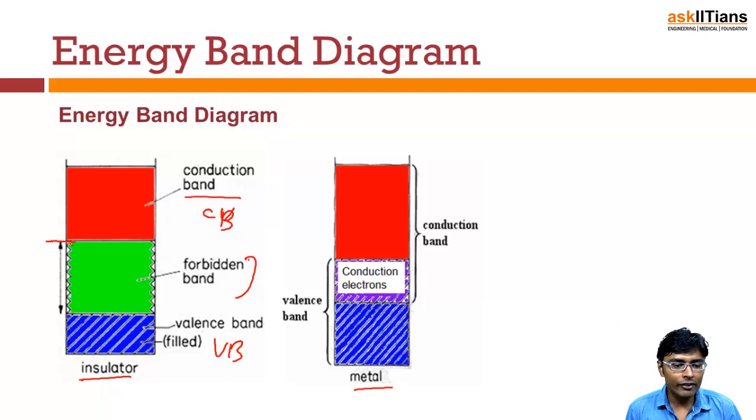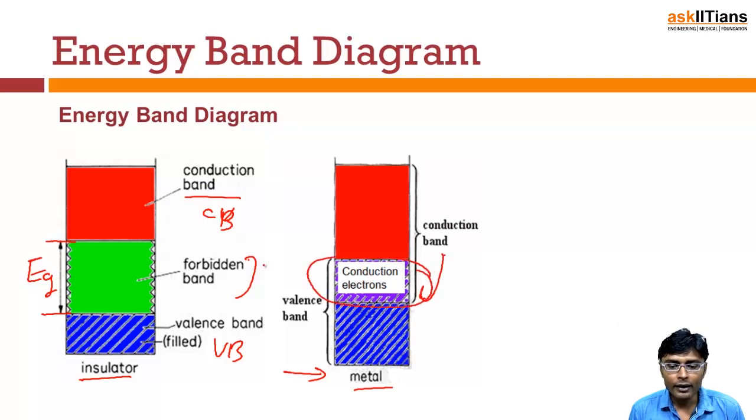The difference between the lowest energy level of the conduction band and the highest energy level of the valence band is called the energy band gap, represented by Eg. This is the energy band gap I was talking about. For an insulator, this band gap is very large, and for a metal, there is an overlap between the conduction band and the valence band.